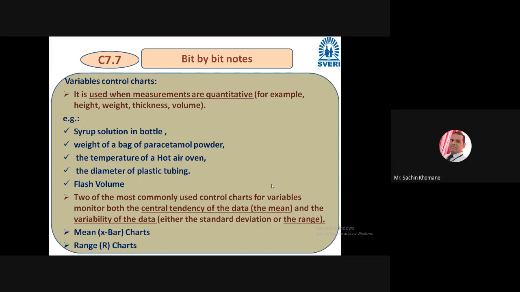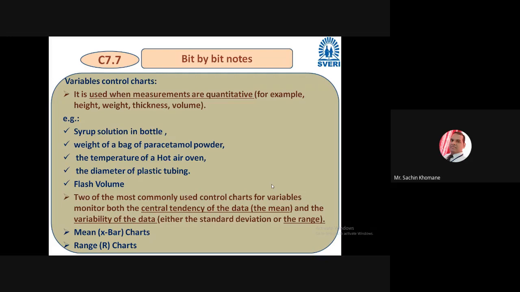Next example, the temperature of hot water in an oven, in degree centigrade or Kelvin, and the diameter of plastic tubing. Plastic tubes are there, diameter maybe in meters. In various flasks, how much volume will be there? So those are things you can measure.